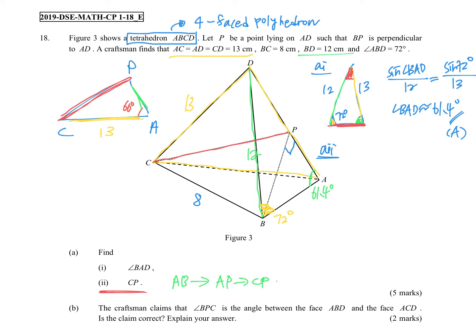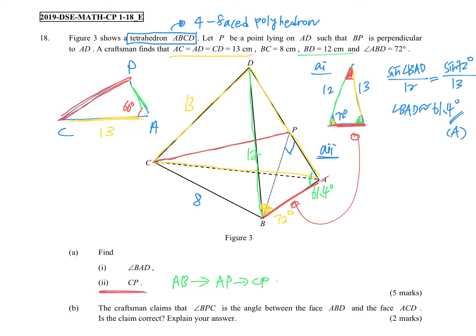So first of all for AB, that would be using the cosine formula maybe, or maybe you can use the sine formula as well. Yeah, maybe we can use the sine formula.